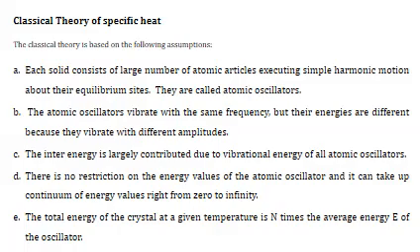All solids have atoms as individual particles, and each atomic particle vibrates in simple harmonic motion, hence they are called atomic oscillators. This is the first assumption. These atomic oscillators vibrate with the same frequency, but their energies are different because they vibrate with different amplitudes. This is the second assumption.